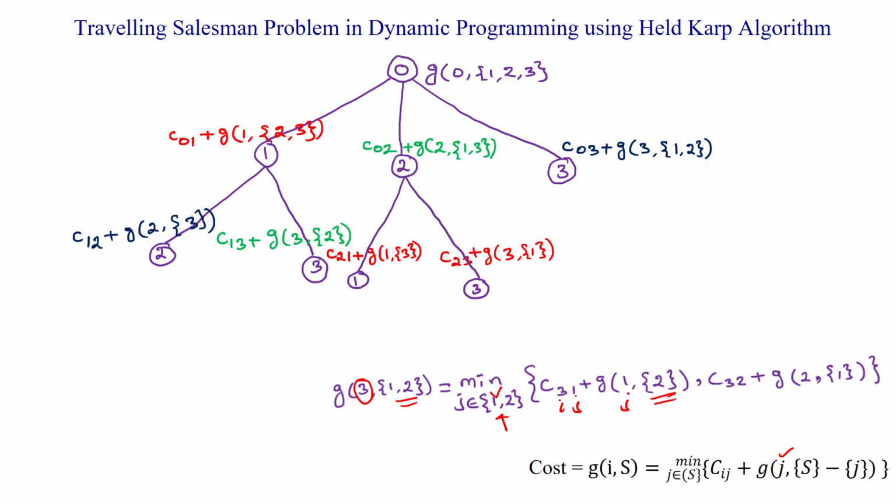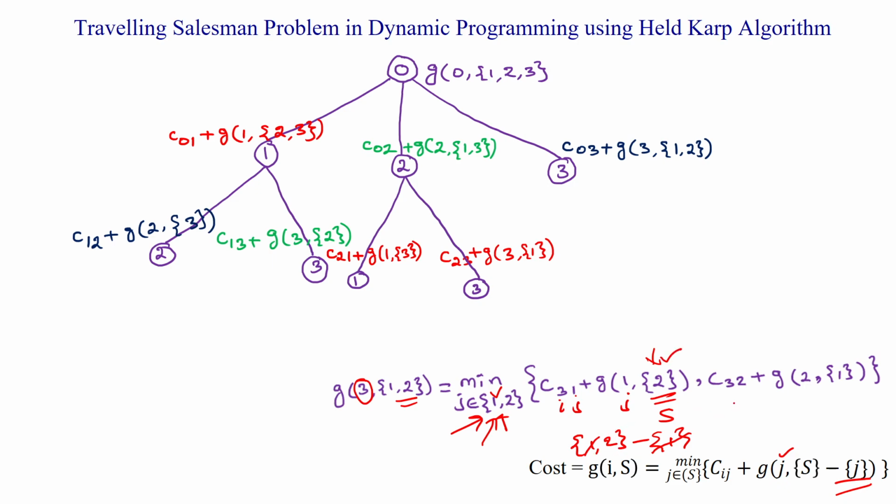Then here s is the subset only. How did we get this one? Because we have two options, 1 comma 2 minus, what is the j we have selected here? The j selected here is 1, so minus 1.